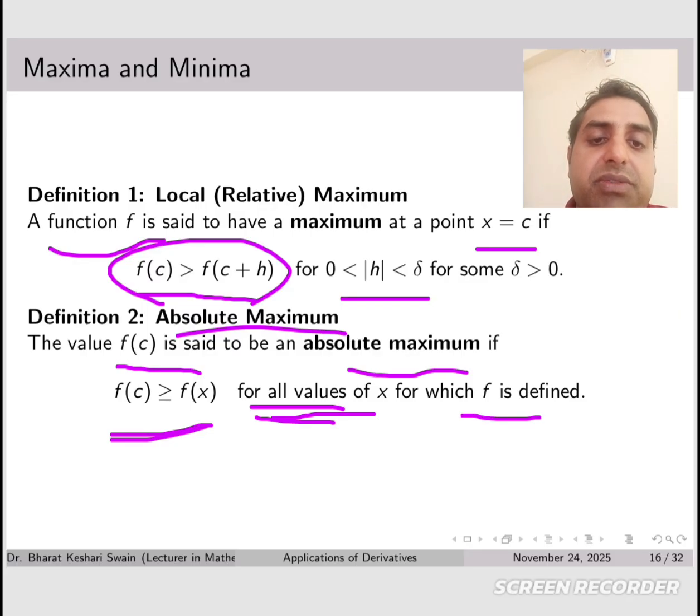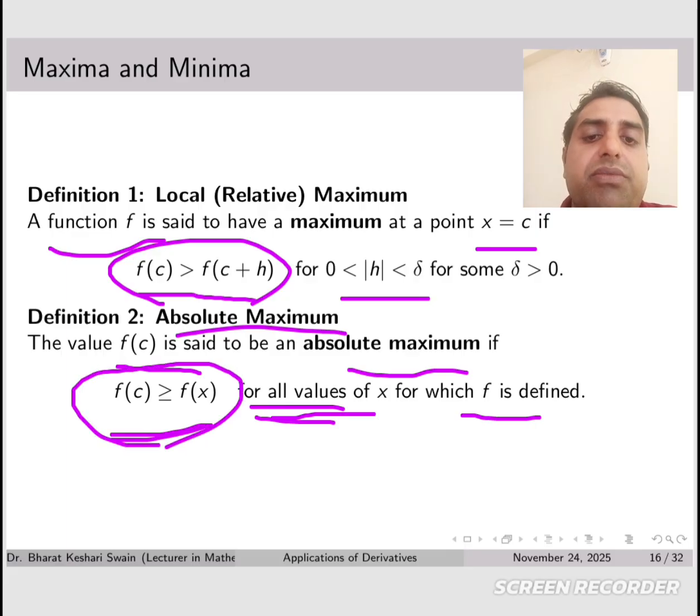So f must be defined for those values of x, and for each value f(c) must be greater than equal to f(x). So if f(c) is greater than equal to f(x) for all values of x, then we say that f(c) is the absolute maximum.